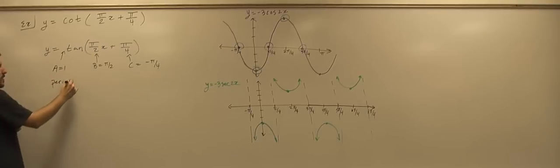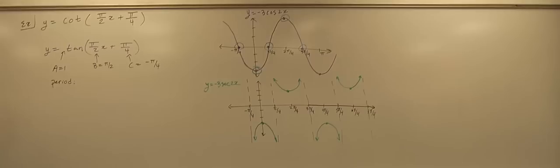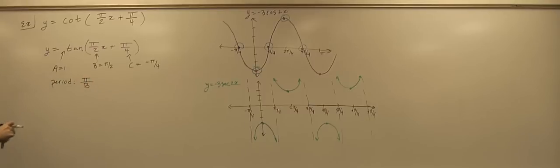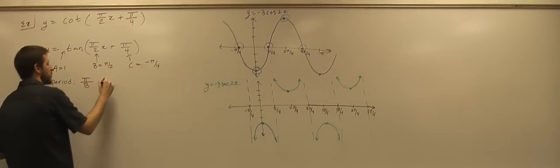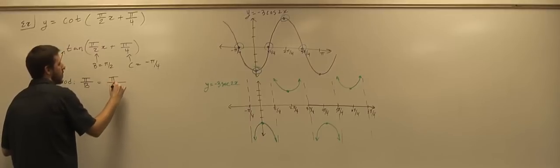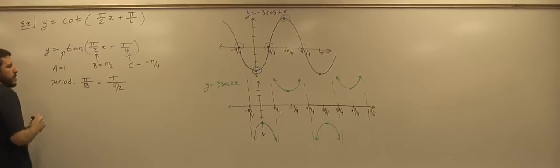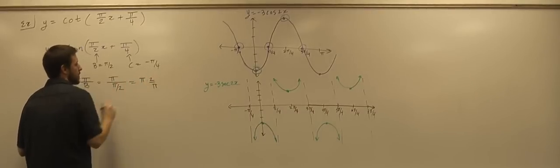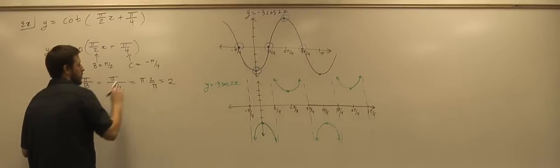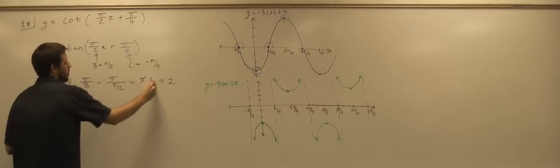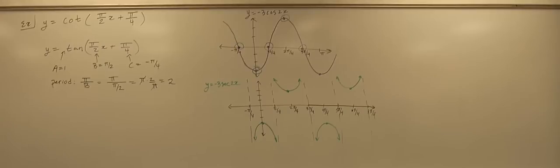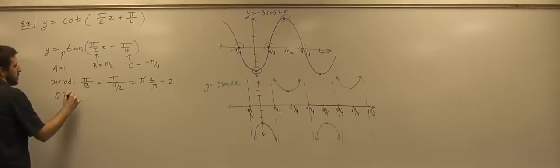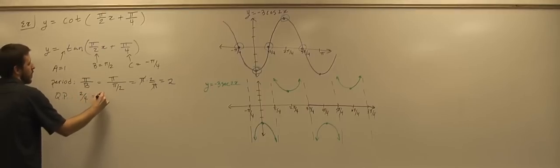The period formula is always pi divided by b for tangent. So in this case, we'll get pi divided by pi over 2. When you flip and multiply, this becomes pi times 2 over pi, or just 2. So then the quarter period is 2 over 4, or 1/2.